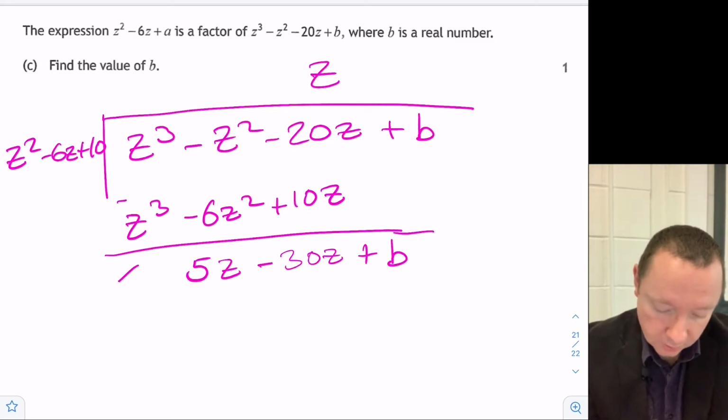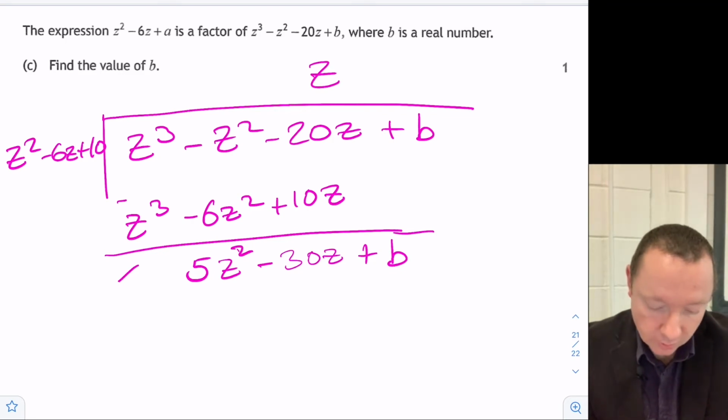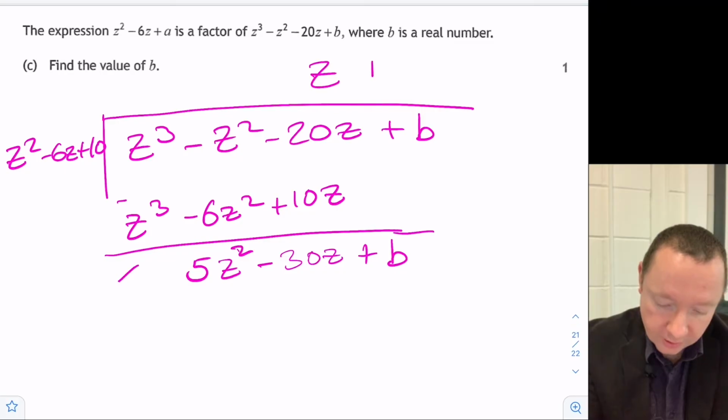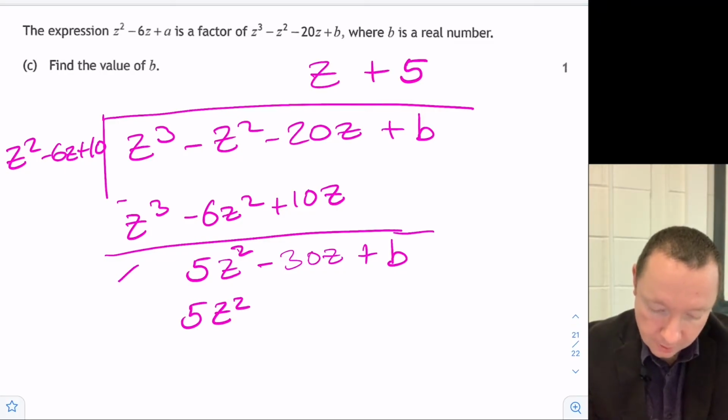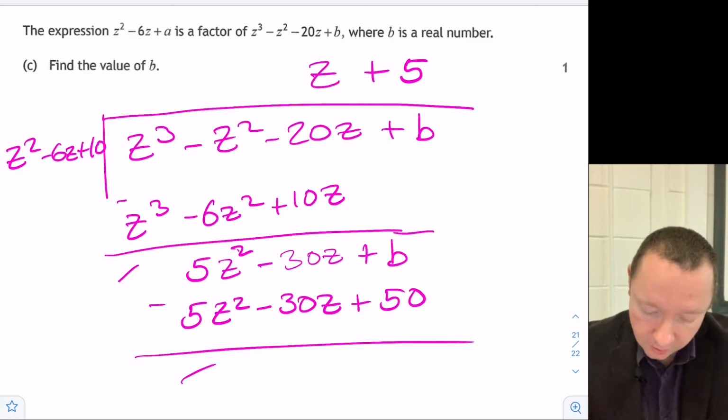So z squared goes into 5z squared 5 times. So that gives us 5z squared minus 30z plus 50. Take them away then, that's nothing, that's nothing, and that gives us b take away 50.